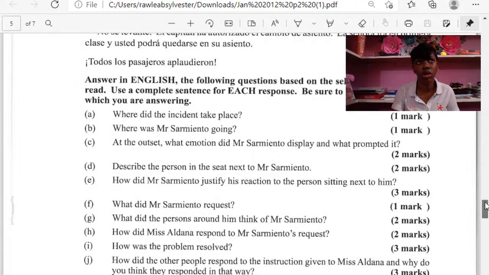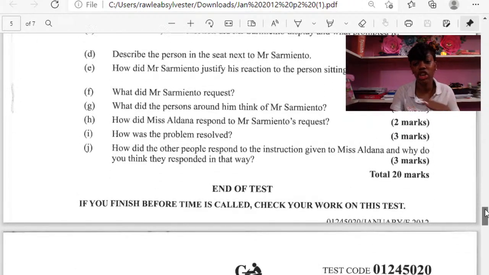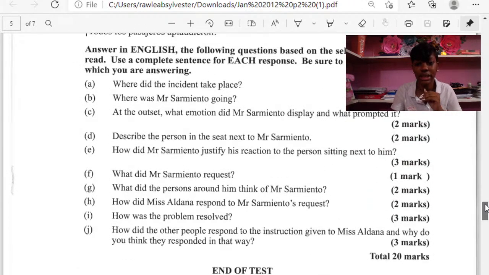For this last section, again, 20 marks are allocated. Now, I want to go through the mark allocation with you all. You see you have your 1 mark questions, your 2 marks, and then your 3 marks. Obviously, 1 mark questions are the simple questions.